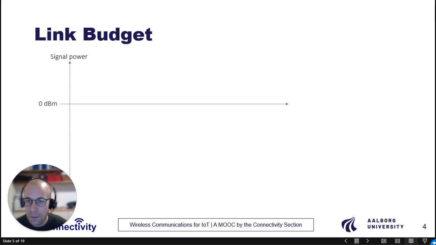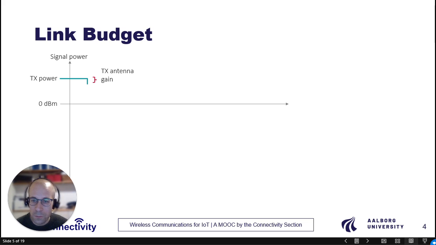If we look at the link budget, or define the link budget, we have the transmission power at some level, depending on whatever device is transmitting. Then we have the antenna gain. And ideally, the antenna gain would be positive, so amplifying the signal, at least towards a certain direction.